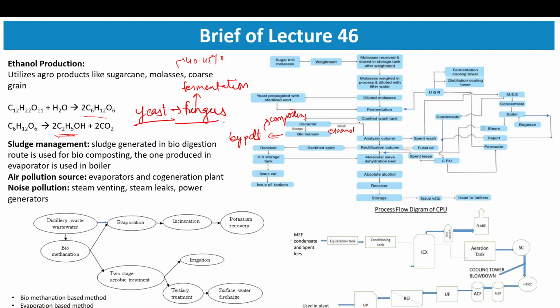There are chances that we have diluted molasses, so there will be water content in this top product. So it will be water plus ethanol, because we have even provided a wash.